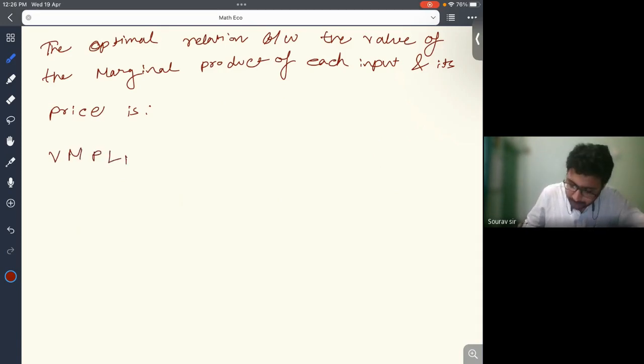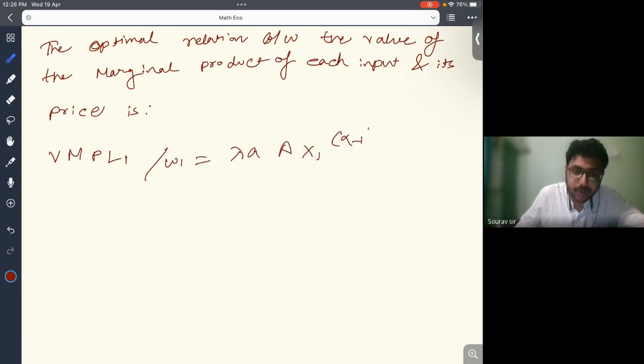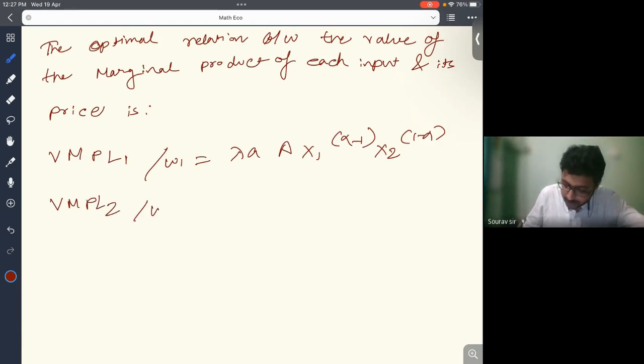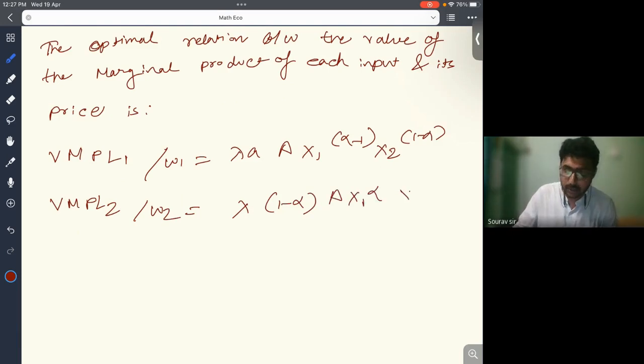VMPL1 by w1 is equal to lambda A x1 to the power alpha minus 1 into x2 to the power 1 minus alpha. And again, VMPL2 by w2 is equal to lambda of 1 minus alpha A x1 to the power alpha into x2 to the power minus alpha.